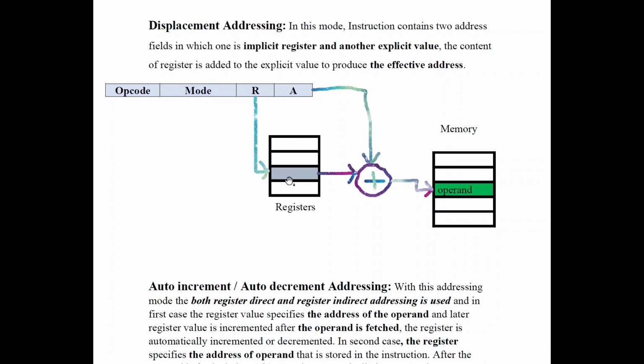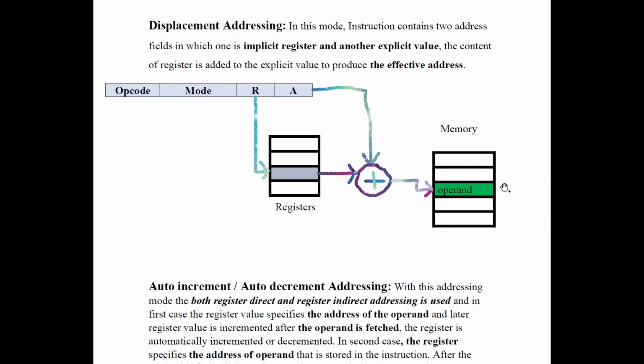Suppose the register contains the value 3000, and the explicit value, that is the direct value, is 5. If we add these two, it will become 3005, and 3005 is the effective address, which says that the operand is located at location 3005 in the memory.